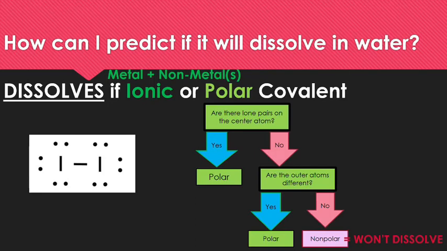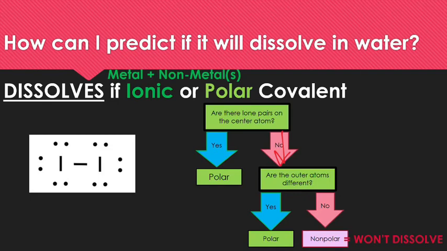Another covalent compound that we saw on that page is I2. And sometimes with these diatomics, like I2, Cl2, N2, H2, any of them, it's a little bit harder to do this polarity question because the first question is asking about a center atom, and there is no center atom. So what I think of as the center of this molecule is this bond here. And that center of our molecule does not have any lone pairs around it. It can't. So any diatomic is automatically going to be a no here.